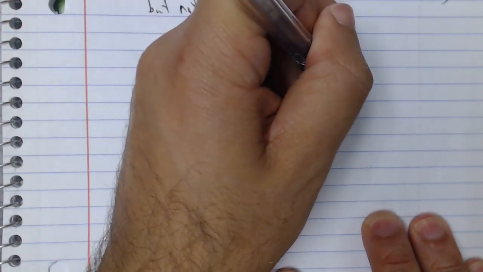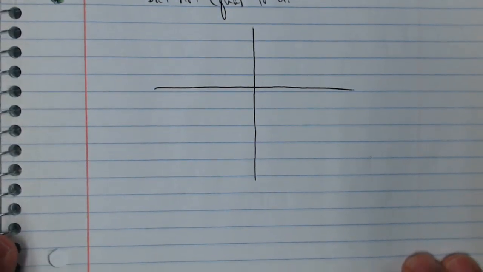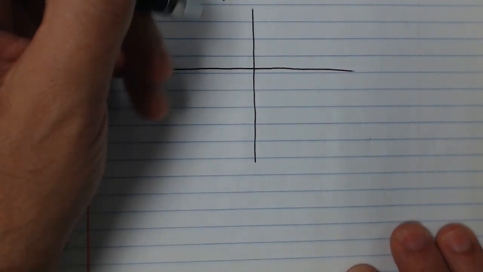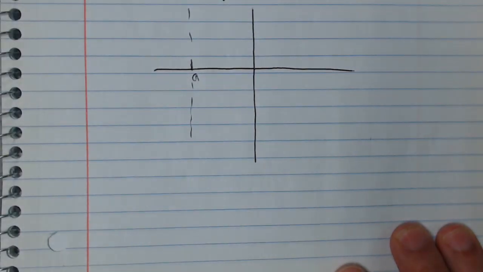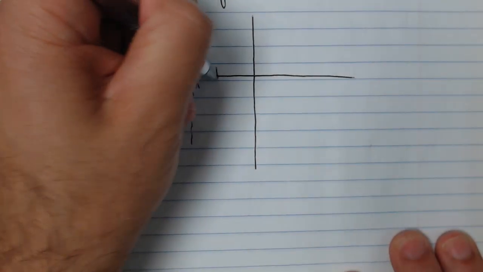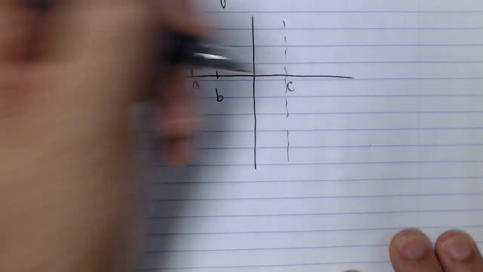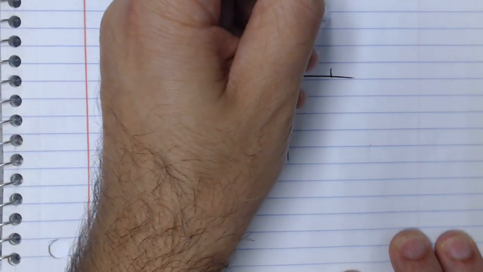So I'm going to create a graph here, and I'm going to ask you guys to find certain limits. So let's put a vertical asymptote there. Let's call that x value A. Let's call this x value B. Let's put another vertical asymptote here, and let's call that x value C. And let's put another vertical asymptote here.